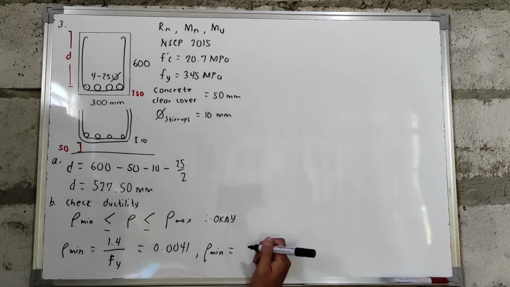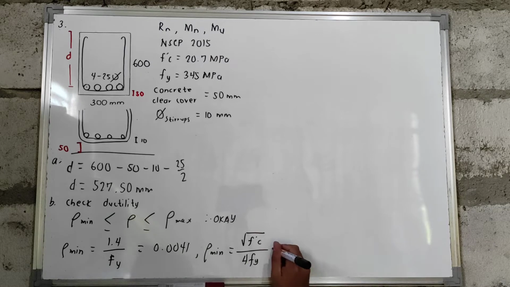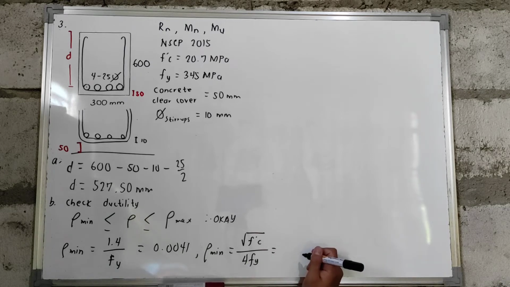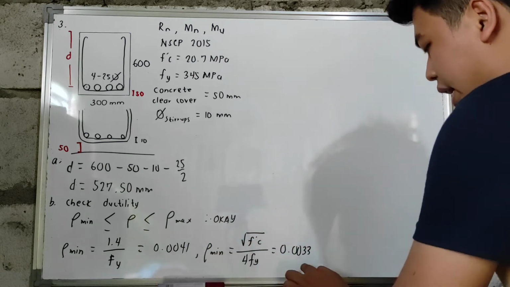So, that is equal to square root of f'c over 4fy. So, yung value ng rho minimum natin is now equal to 0.0033. So, meron tayong dalawang values ng rho minimum natin.